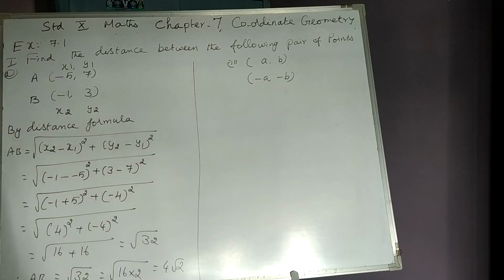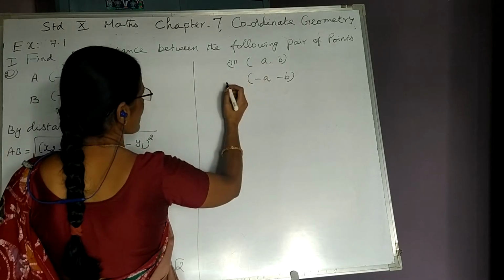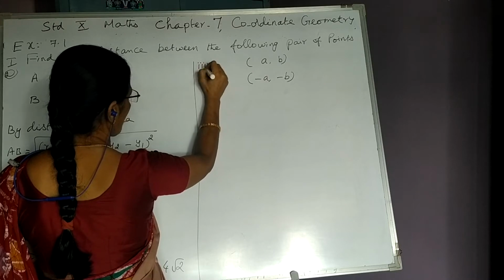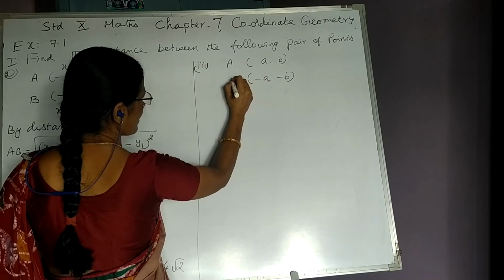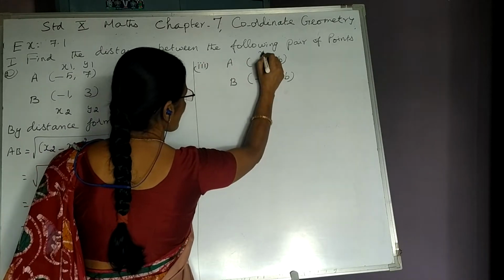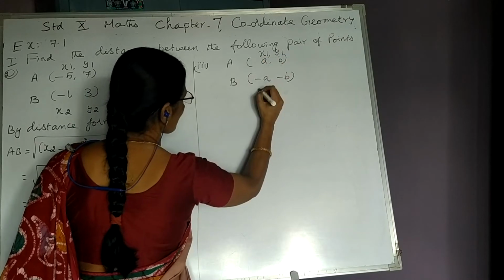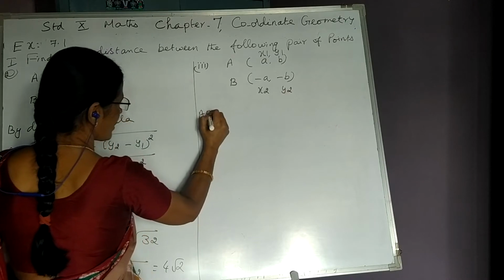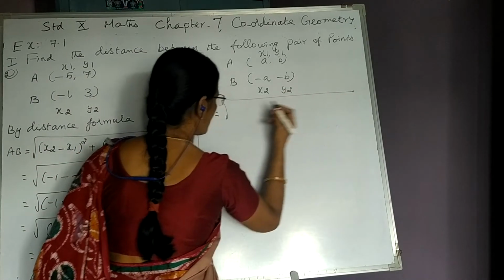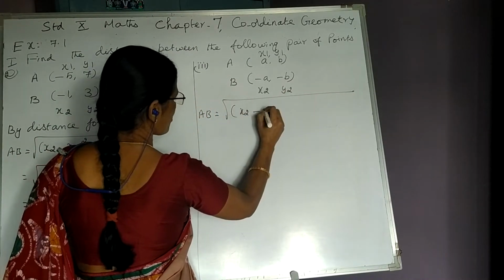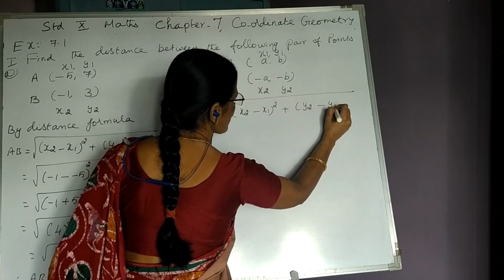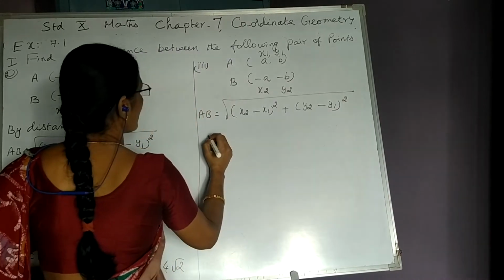We proceed with the third sum of the first question. The given pair of points are (A, B) and (-A, -B). This I take as A and this as B. I name the first point as x1, y1 and the second point as x2, y2. Distance between the points A and B is root of (x2 minus x1) the whole square plus (y2 minus y1) the whole square.